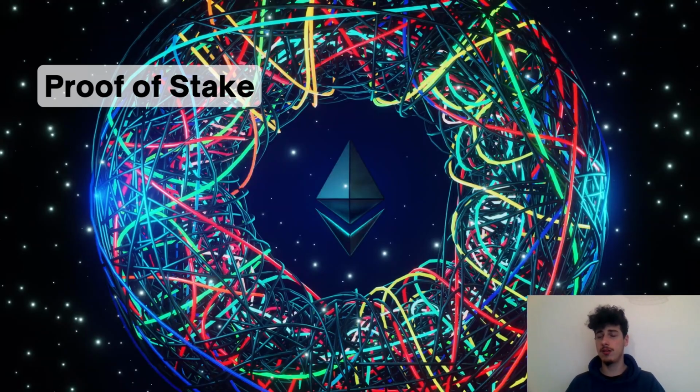In proof of stake, the stakers lock up various amounts of the coin, and validators are chosen based on the amount staked. So the validator with the largest stake has the biggest chance of being chosen as a validator and obtaining the reward on the blockchain.